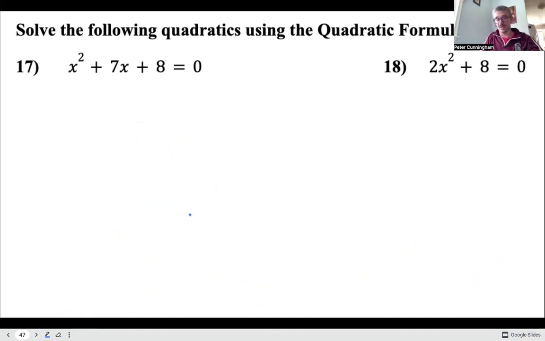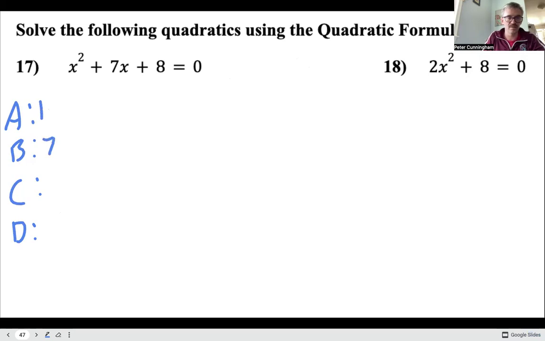Okay, quadratic formula. Take a deep breath, realize you have the quadratic formula with you, okay? Look at your quadratic formula. You're gonna need A, you're gonna need B, you're gonna need C. The first thing we're gonna do is use those things. Well, we got 1, 7, and 8. But I wrote D there because we're going to first find the discriminant.